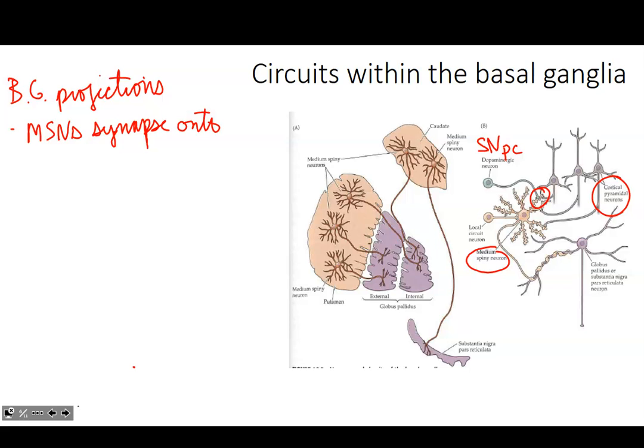Onto, and you can see here, the globus pallidus or the substantia nigra pars reticulata, right? So that's what this purple neuron is here. But importantly, this is a GABAergic synapse. That is, the medium spiny neurons release GABA, okay? So these are inhibitory.